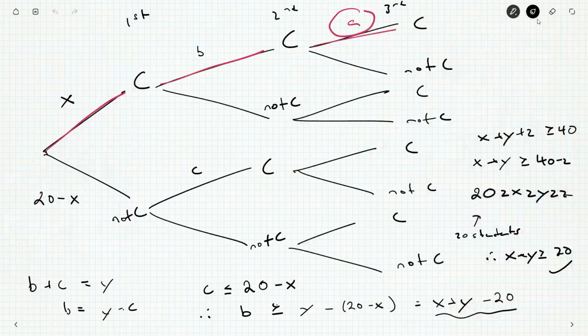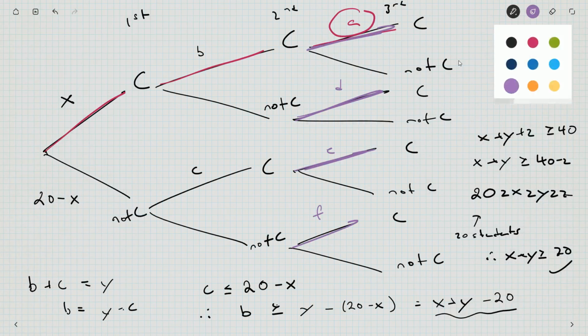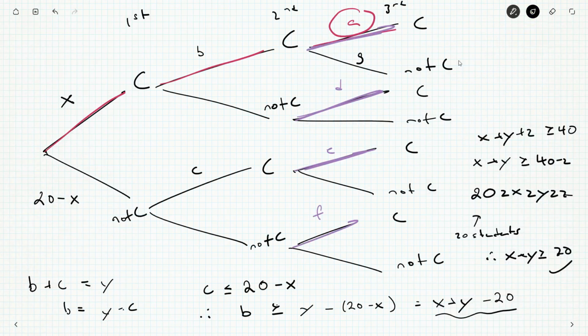Let's get our purples out and label. So the purple lines have to add up to Z. We'll call this D, E, and F. And since I think I know where this is going to go, we'll call this G, H, and I, and J, since we had to use those last time anyway.